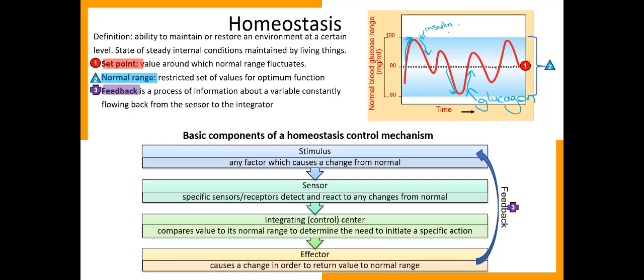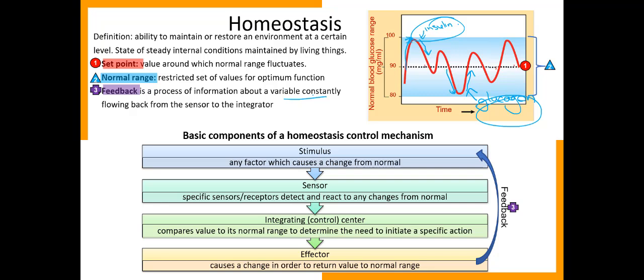So you have an interplay between these two hormones to try to maintain blood glucose levels within that normal range. The control of release of insulin and glucagon depends on a feedback process where it monitors a variable that constantly changes in order to maintain it within the normal blood glucose range.